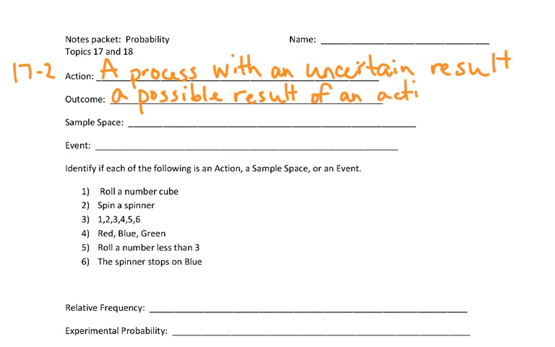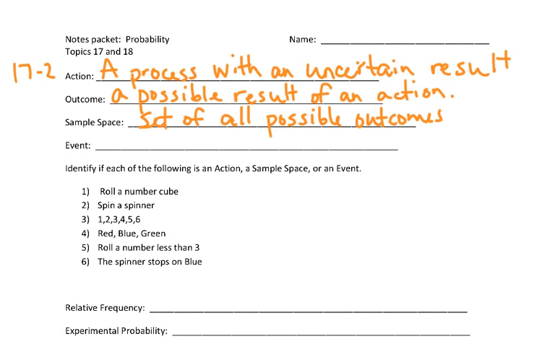So if my action is flipping a coin, I don't know what the result will be, but my outcomes are the coin landing on heads or the coin landing on tails. My sample space is the set of all possible outcomes. And my sample space for flipping a coin is heads and tails.